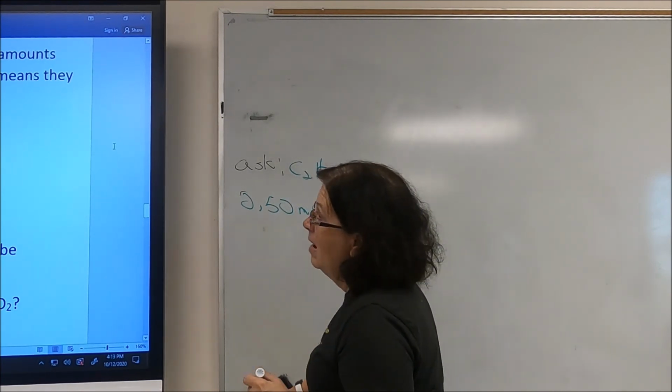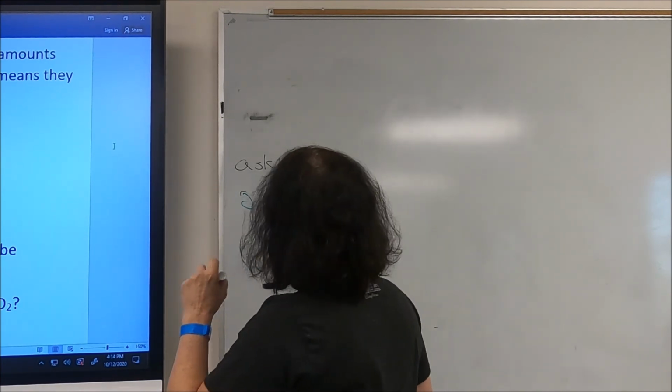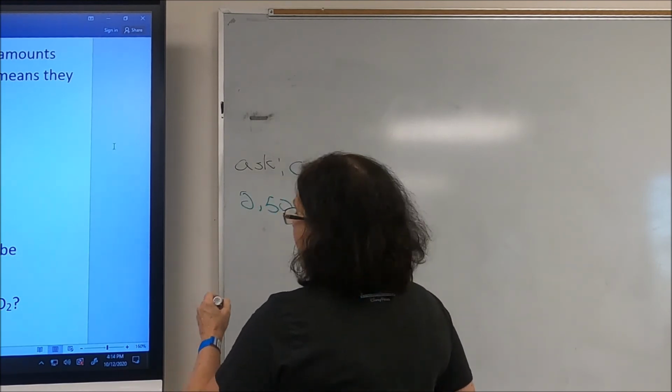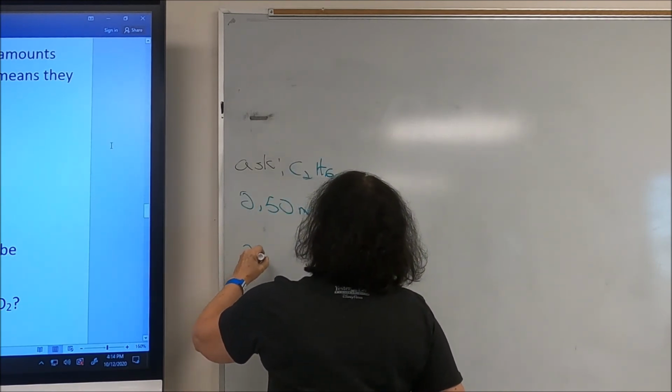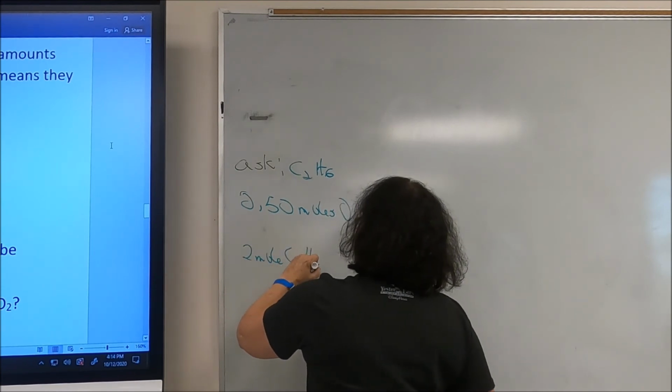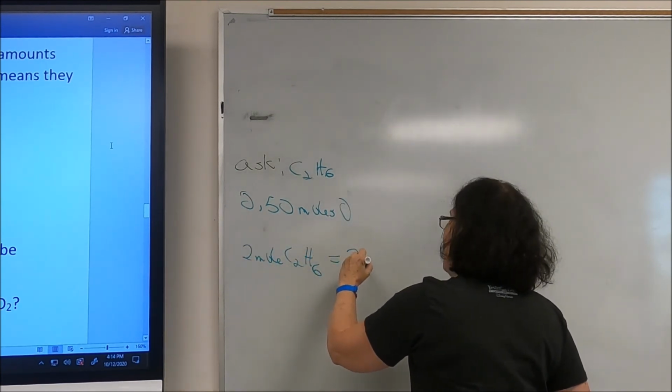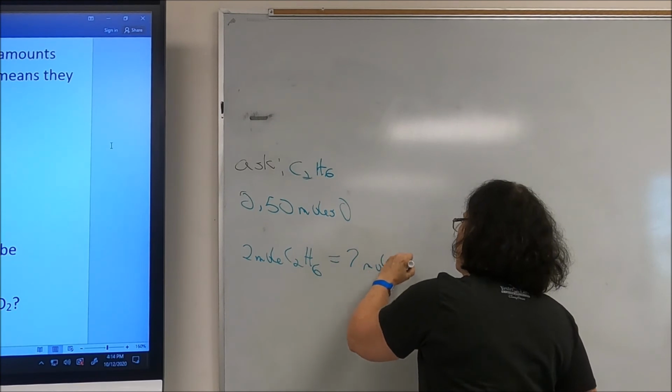Well, looking at that balanced chemical equation, I know that 2 moles of C2H6 react with 7 moles of O2.